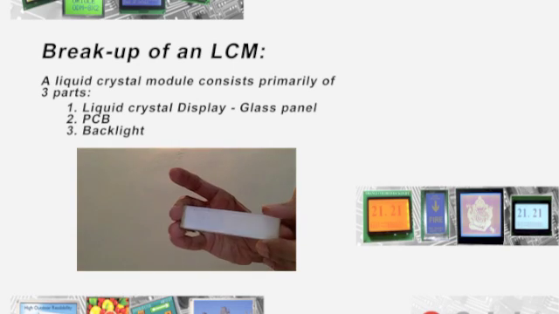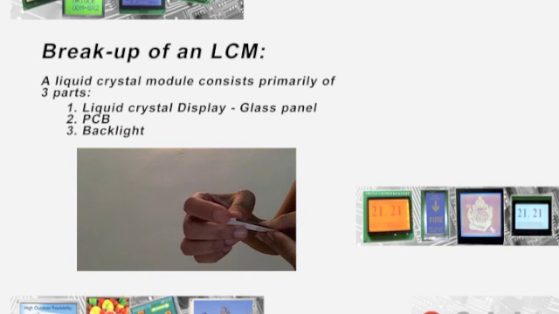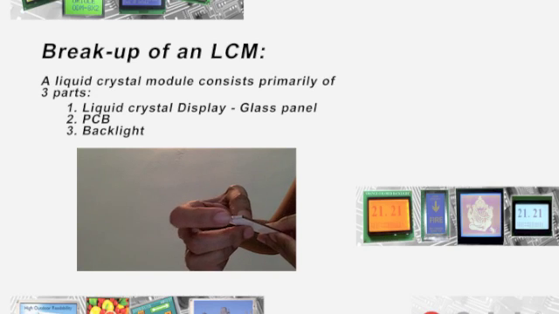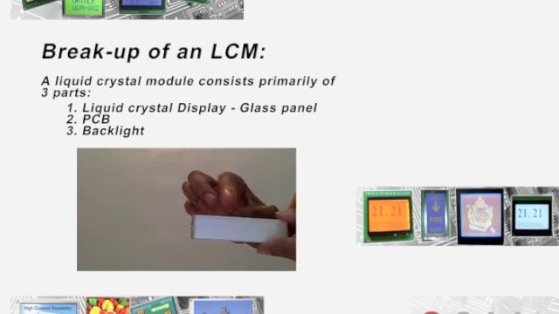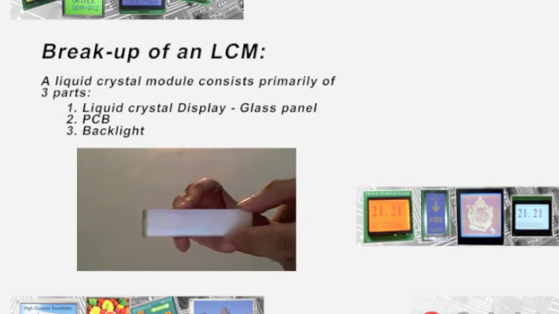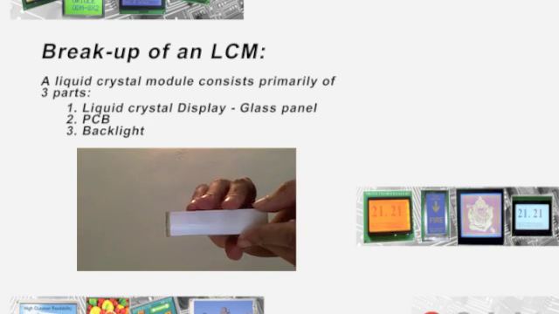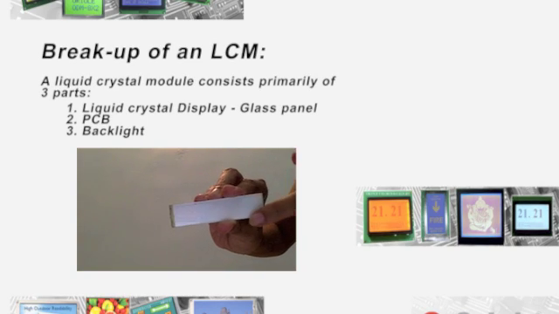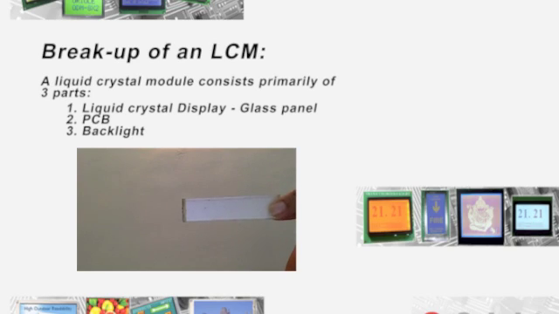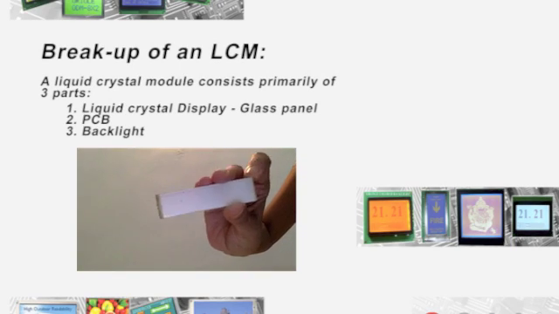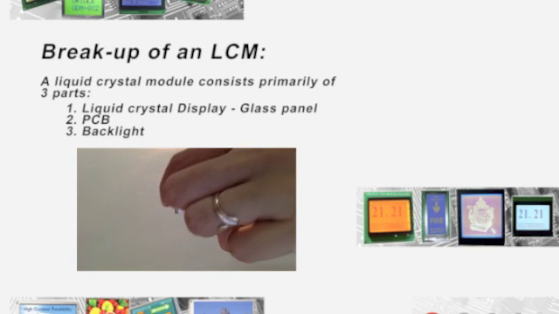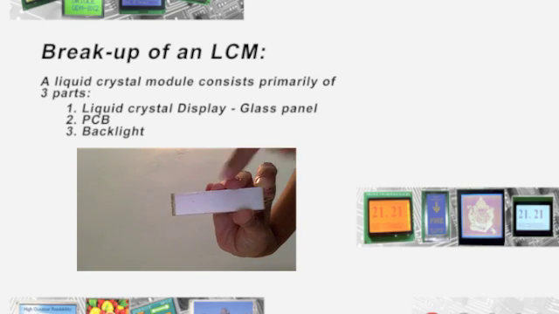If you see, it has just one or two LEDs over here, and the rest of the thing is the diffuser. The actual acrylic part is the diffuser. Typically the edge backlight is a white LED, because the white LEDs are more powerful than the yellow-green, and this one LED over here can light up the entire glass panel.